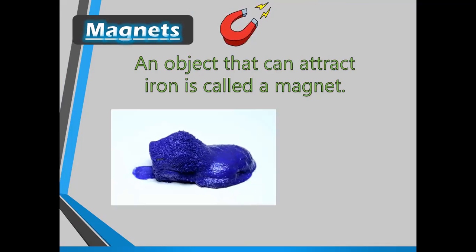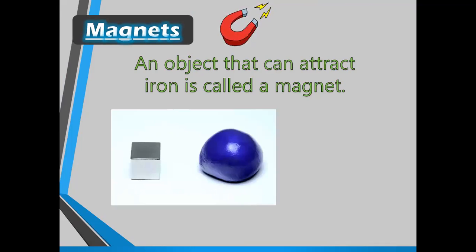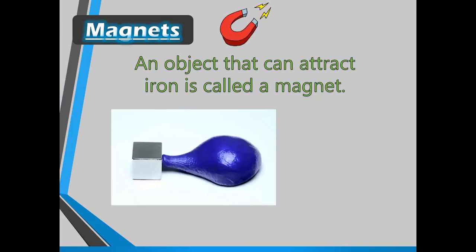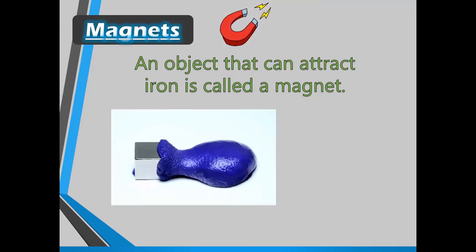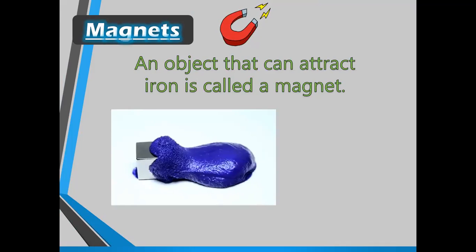So, an object that can attract iron is called a magnet. A natural magnet is an object found in nature which has a magnetic field around it. And now what is a field? Students, the particular region that can be affected or influenced by that force. So that is what we are talking about with magnets: a magnetic field.